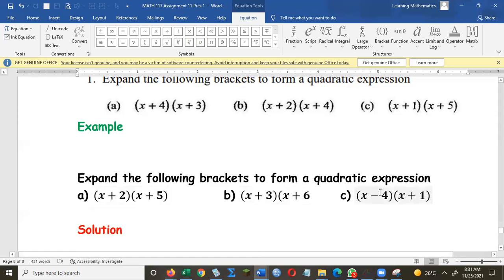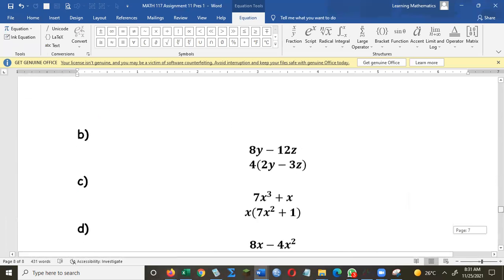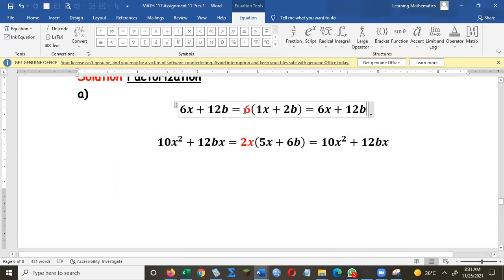These are factorized expressions. You see the brackets? Once you see brackets, that expression is factorized. There's a factor outside. x plus 2 is the factor. x plus 3 is the factor. x minus 4 is the factor. These factors are more complicated than the factors we started with, because as you can see, those factors are just one term. 2x is one thing.